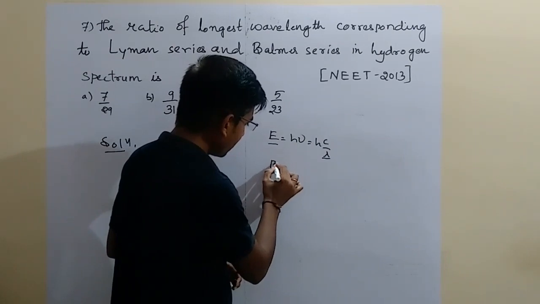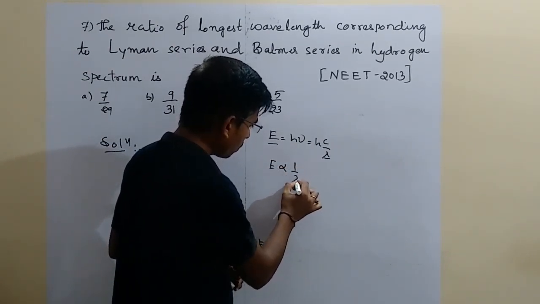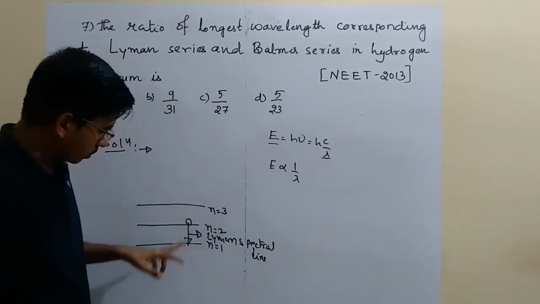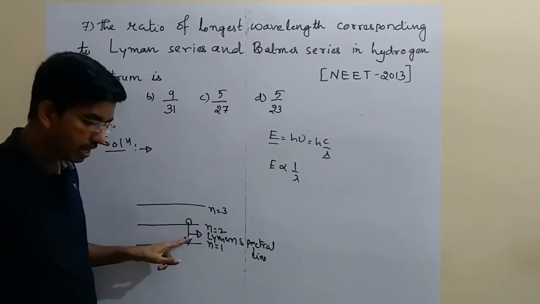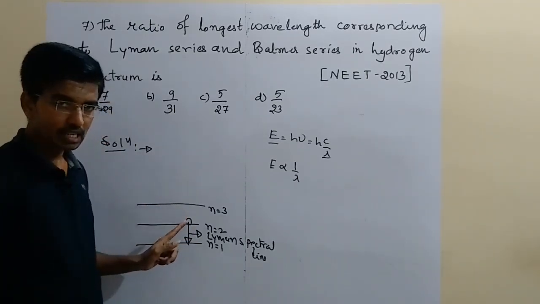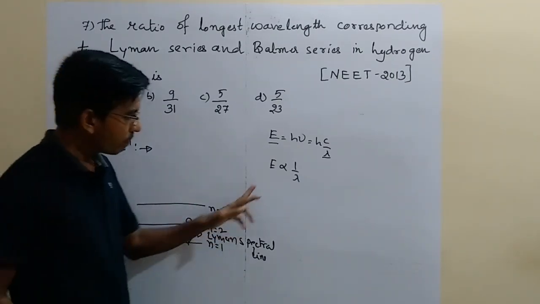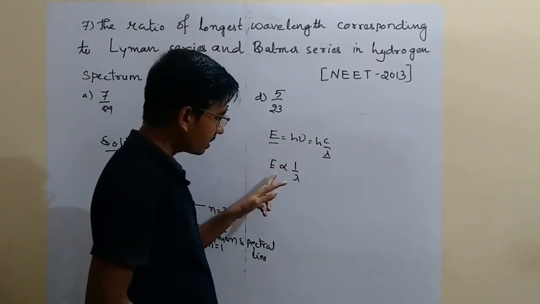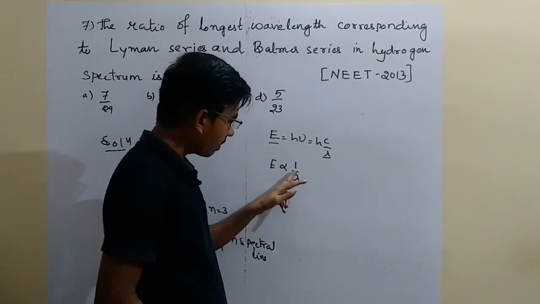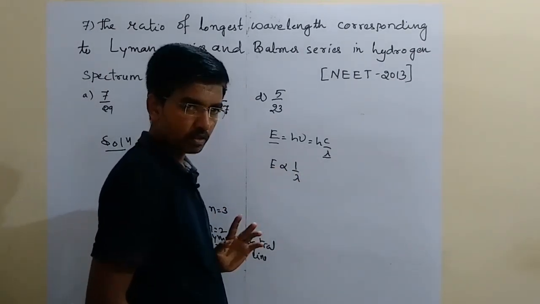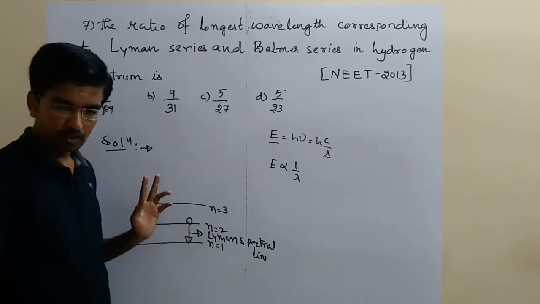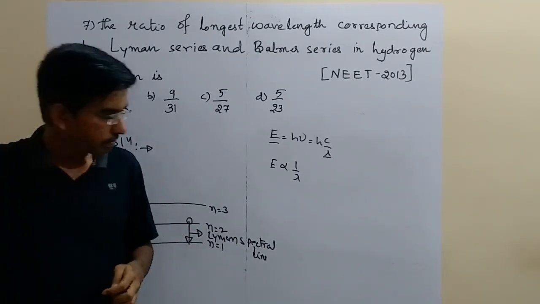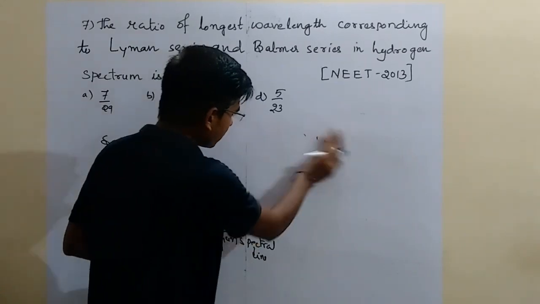For this transition, the energy difference between these two energy levels is minimum. If the energy difference is minimum, the wavelength is maximum. That's why I have taken this transition.